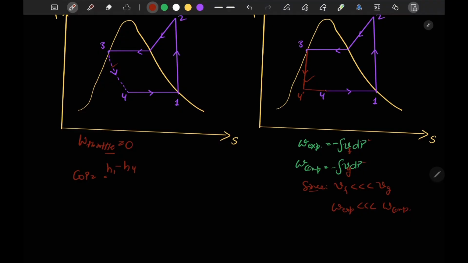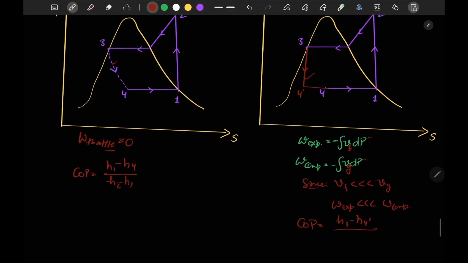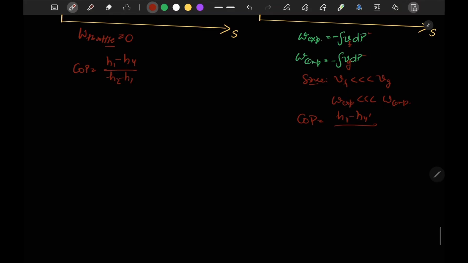Now if we write COP here, what we get as the effect is H1 minus H4 dash, upon what we supplied, the work done by compressor, but here one more term is there, that is the work done by expander. Since the expander term is very small, this can be neglected.